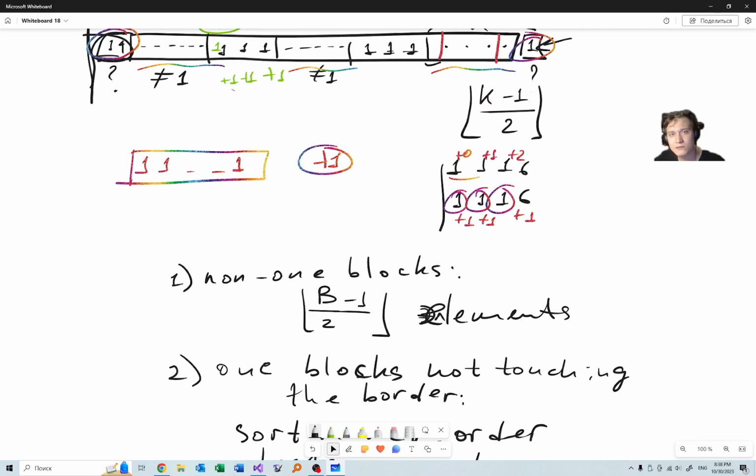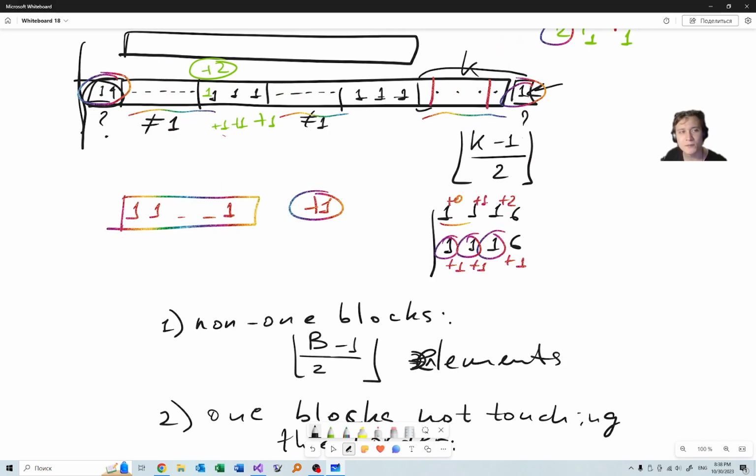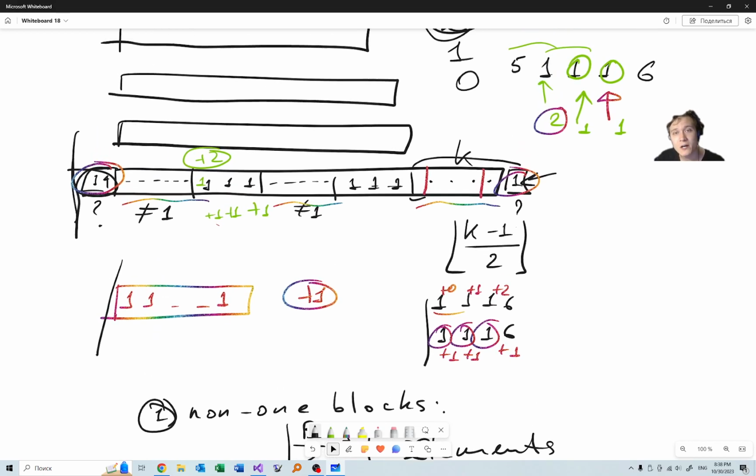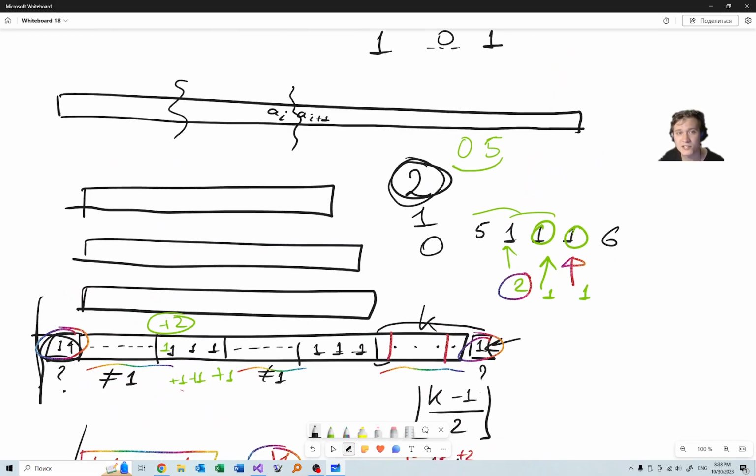Okay, what about blocks which touch the border? Actually, if we destroyed parts 1 and 2, if we have done them, then we will never get +2. Why?